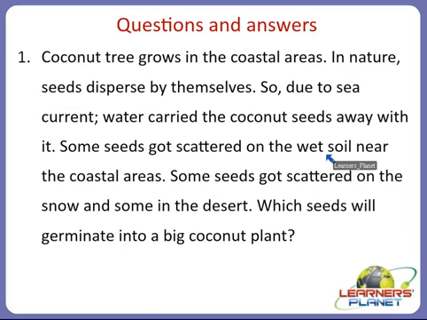Now secondly, they mentioned that seeds got scattered on the snow. There is much space for these seeds to grow where there is snow, right? And there are some seeds which got scattered in the desert.